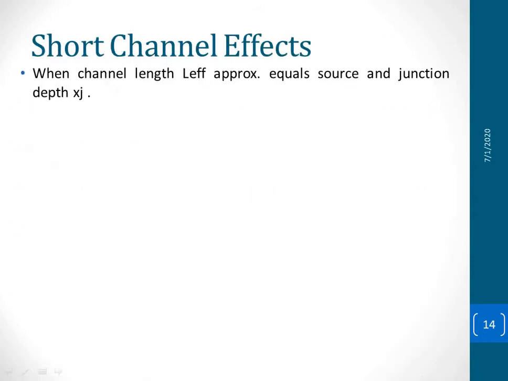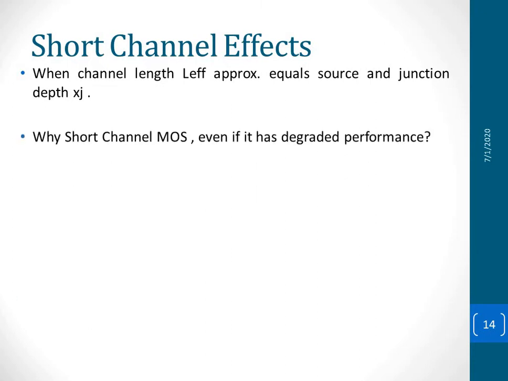So there are some effects which can occur because of scaling or the technology scaling. The short channel effects are one of the effects which can happen, when channel length, that is L effective, approximately equals source and drain junction depth, that is Xj.